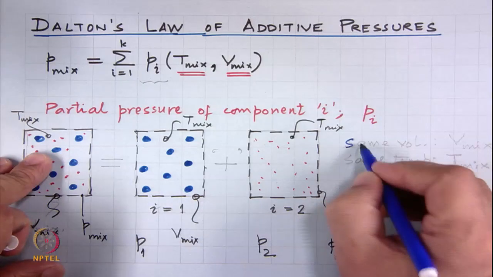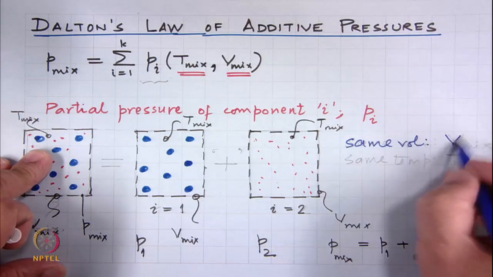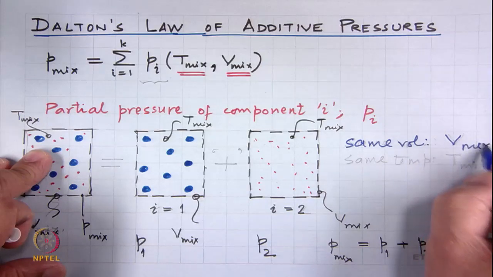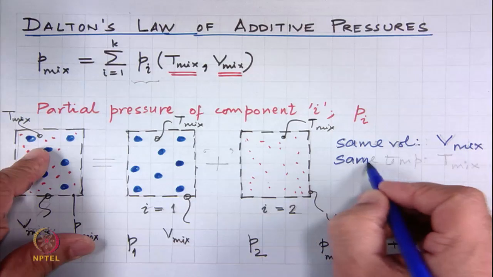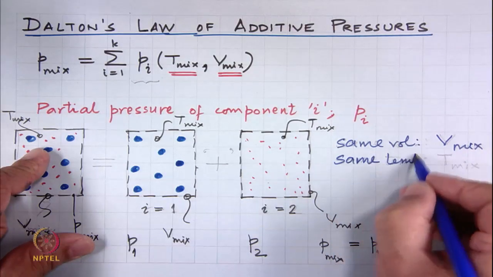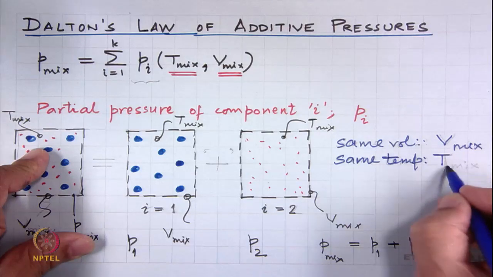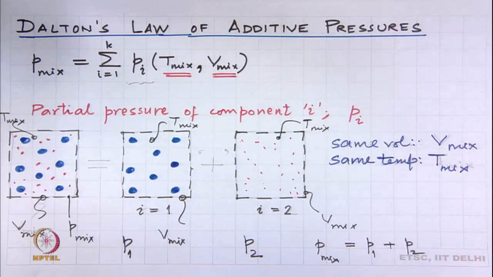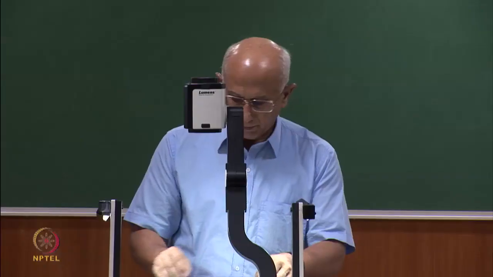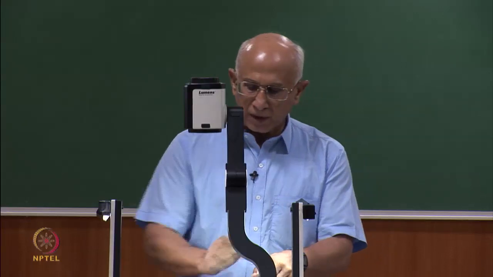So, these are very important considerations: same volume, V mix, and same temperature, T mix. So, that is Dalton's law of additive pressures.